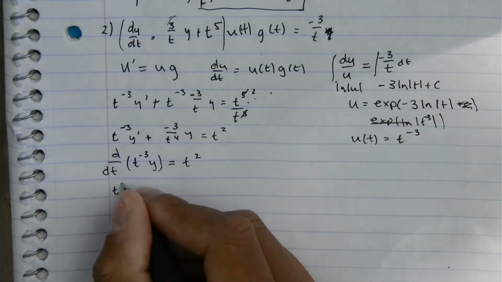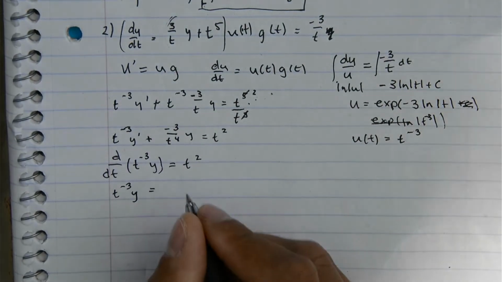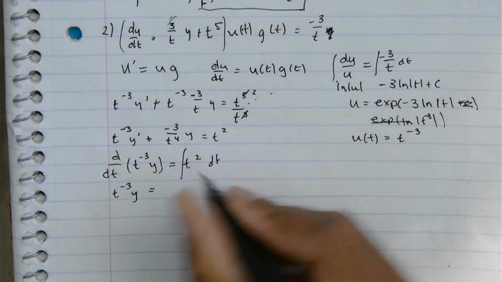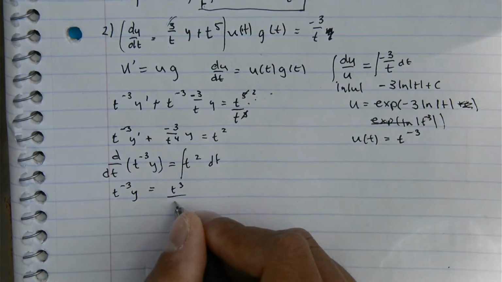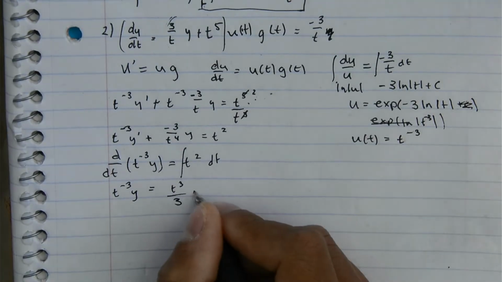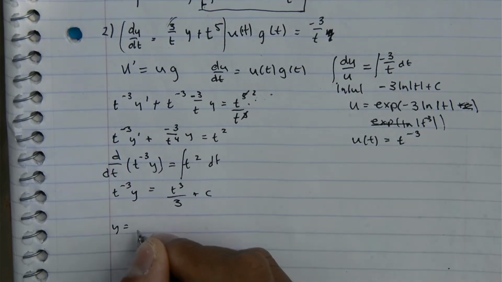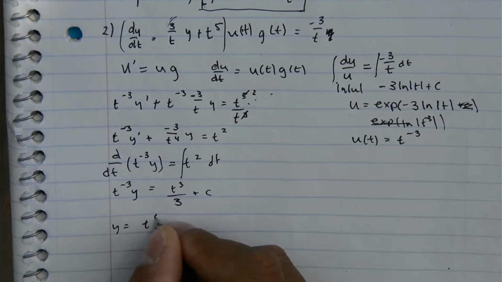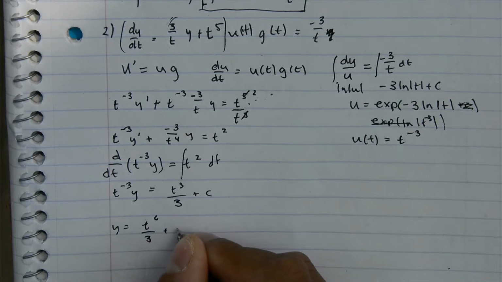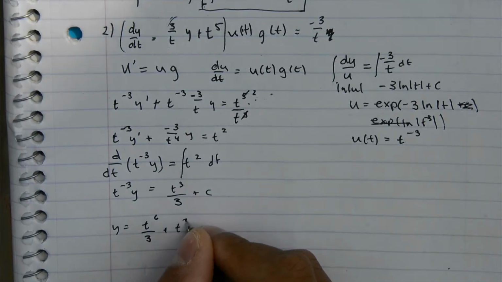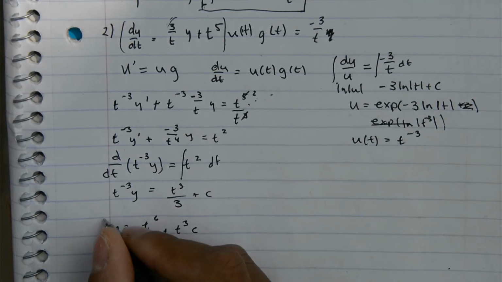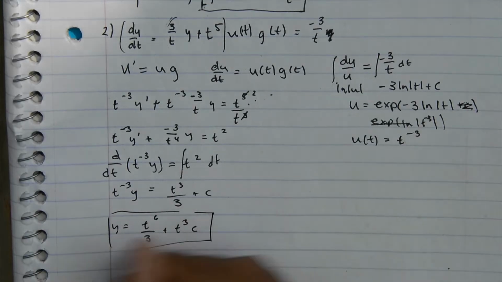We get t to the minus 3 y is equal to this integral dt. Is that right?